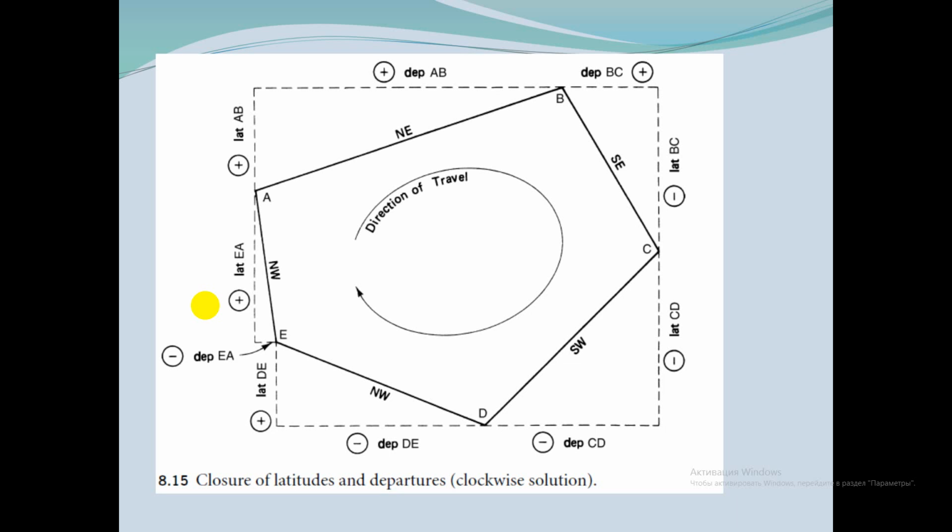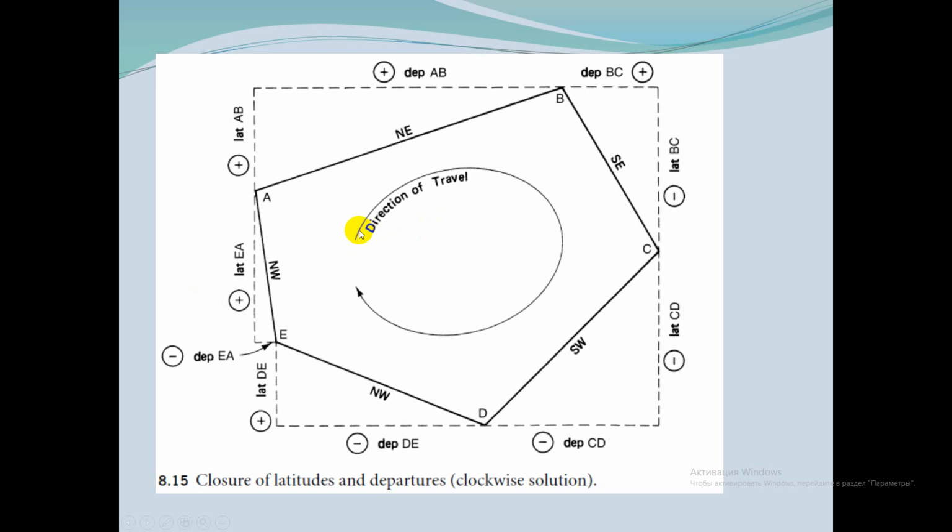These errors of closure will be computed and compared to the minimum allowable precision ratio for the type of survey being performed, and mathematically eliminated if the error of closure falls within the acceptable range.